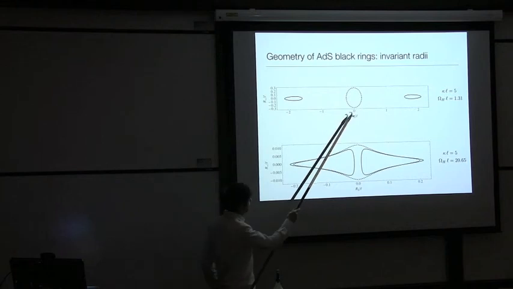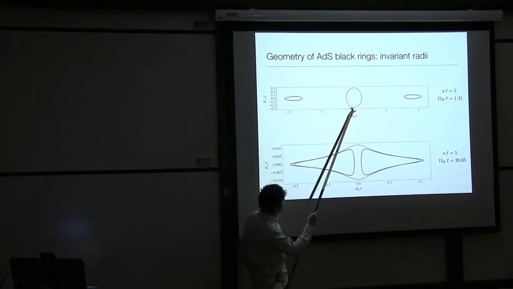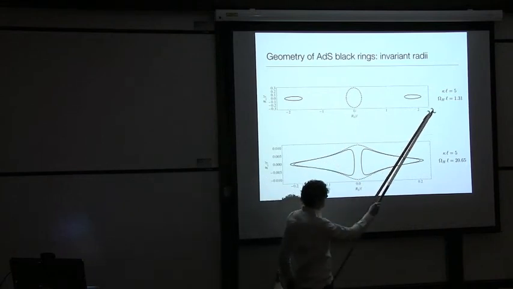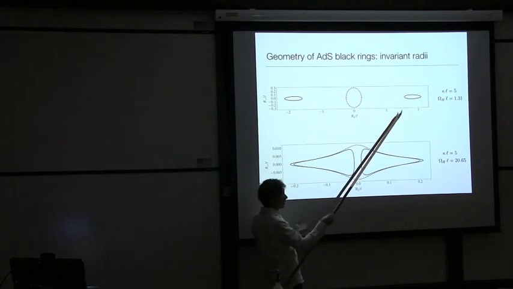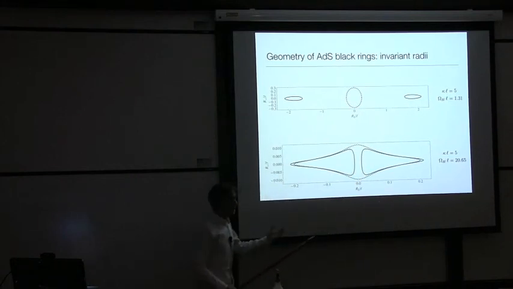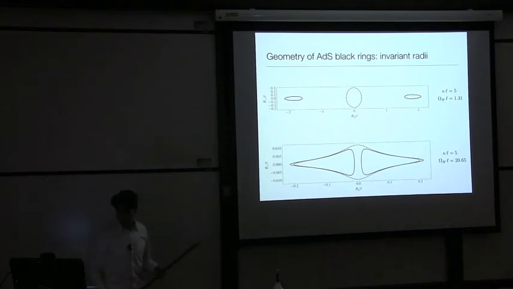Here I'm also showing the rotating AdS black hole with the same temperature and angular velocity. So as you can see, on the plane of rotation, these rings are close to the boundary, and they do have some deformation, so they know that they live in AdS and not in flat space, but still the gravitational self-interaction is small because the hole in the middle is large compared to the size of the sphere.